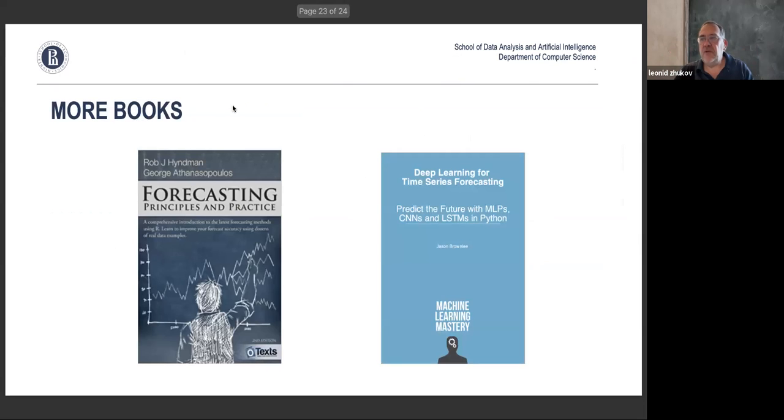Now, that was a very quick intro into forecasting. The topic is large. There are a couple of books, Forecasting: Principles and Practice, and the other one called Deep Learning for Time Series Forecasting. Part of the book is dedicated to classical methods and machine learning methods, and the book is available online, I believe.